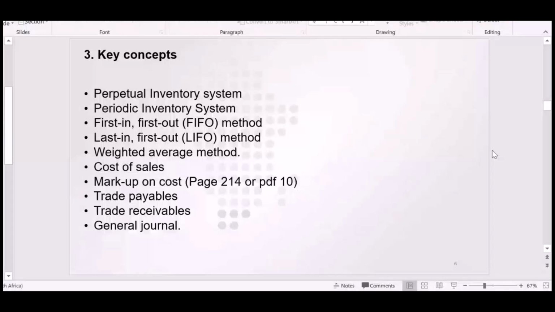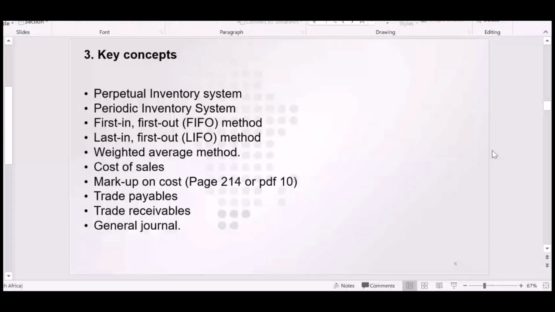So on the weighted average, instead of assuming that what I baked yesterday cost me 5 rands, and what I baked today cost me 7 rands, you combine them and say, when I was baking, I was not choosing whether this is yesterday's flour or today's flour. Somewhere they could have been mixed.